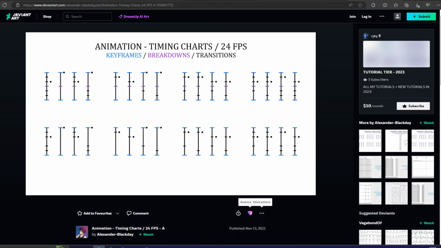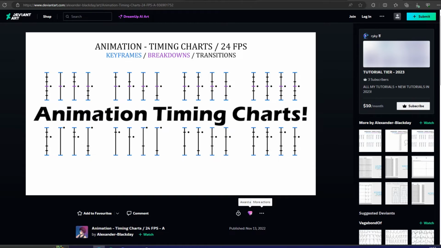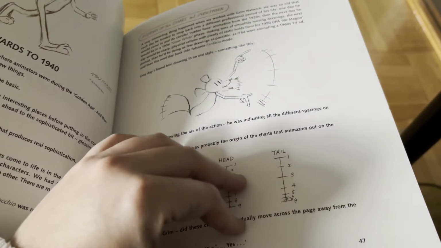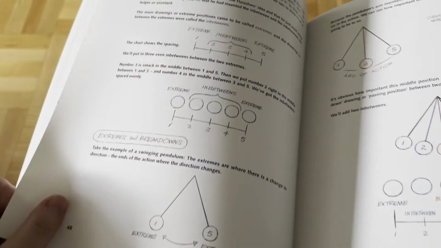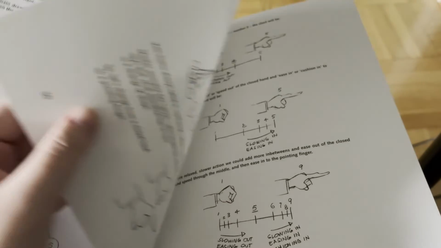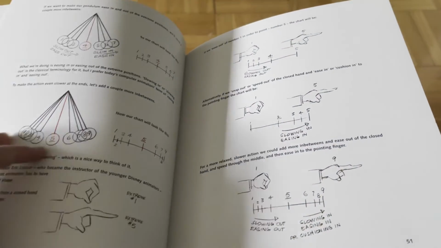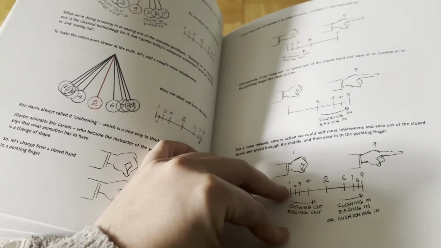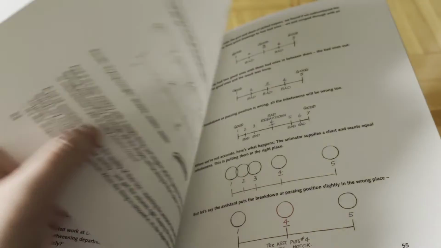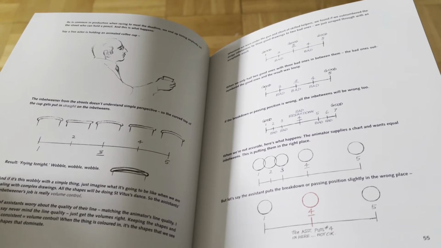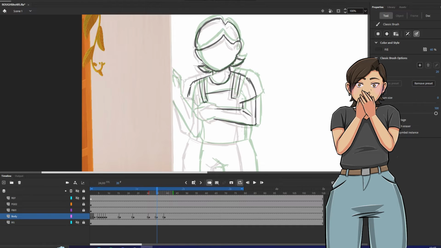So these little buggers are called animation charts, and they are a tool that animators use to figure out their timings and stuff. Apparently it's very helpful for yourself figuring stuff out, and also if you're giving that shot over to another person, then they can see what your thoughts were here and they can help you execute on it.